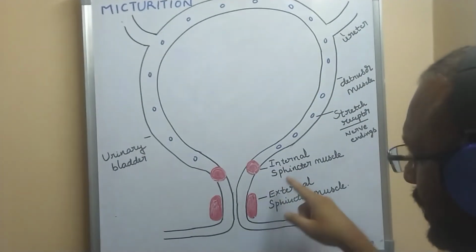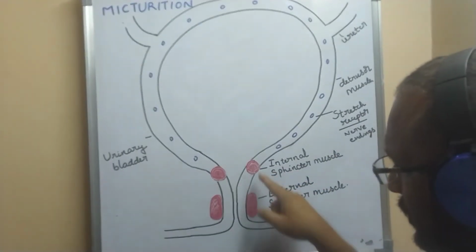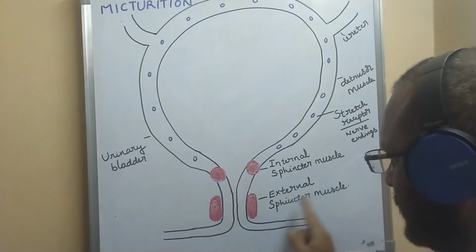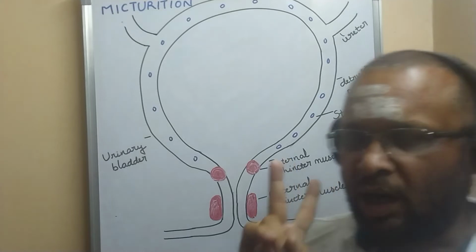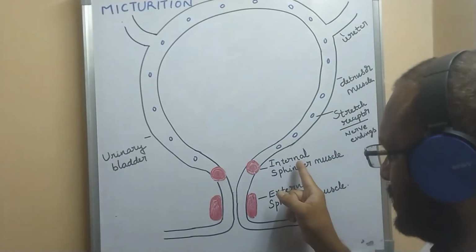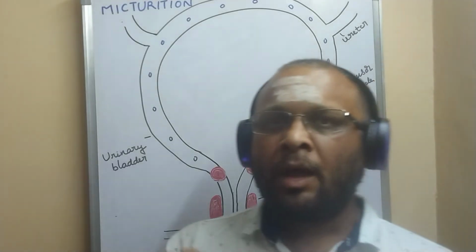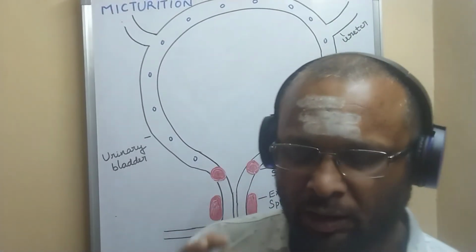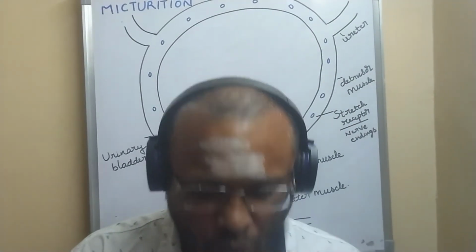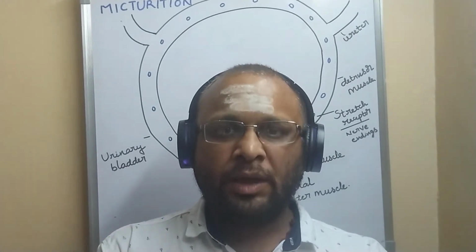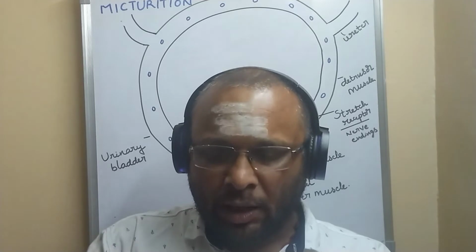Okay. Next, here you see you have two other muscles. One is the internal sphincter muscle, and the other is the external sphincter muscle. For example, if you want to move through a room passage, if the doors are open, automatically you can pass.